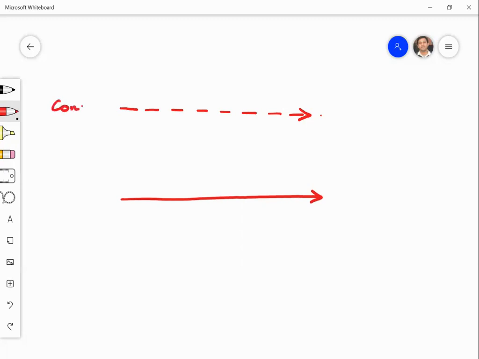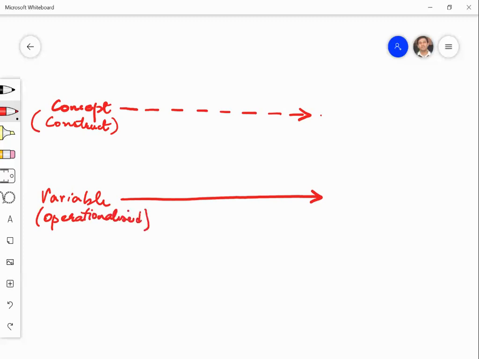Now, this is the concept that we were talking about, and this is the variable, or the operationalized concept, or the construct that we are going to use in the study. Now I have shown this as a broken line because I wanted to emphasize the point that this is intangible and abstract, right?